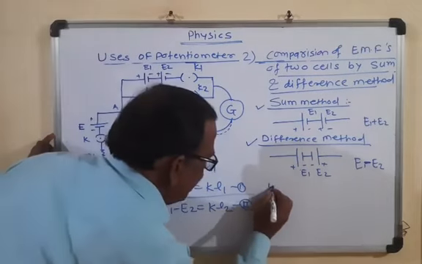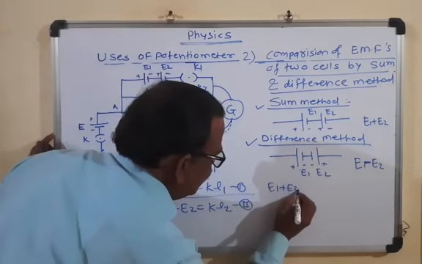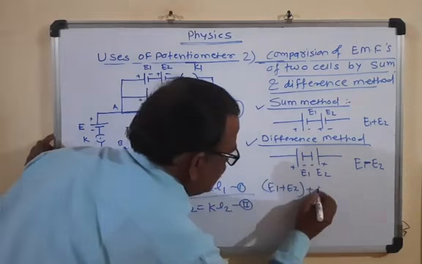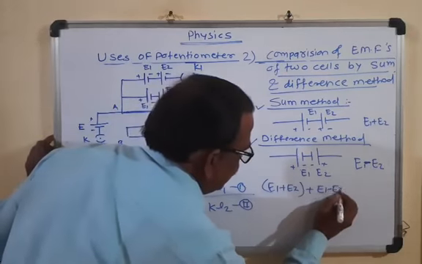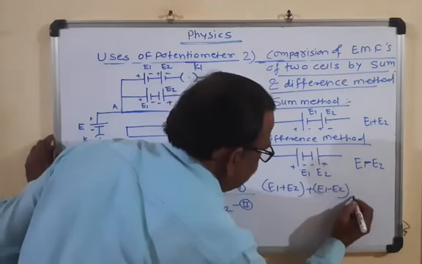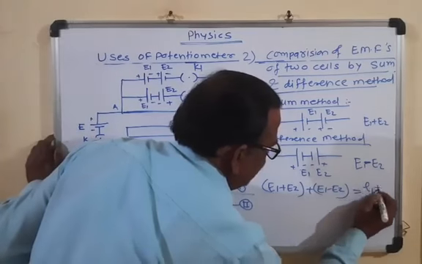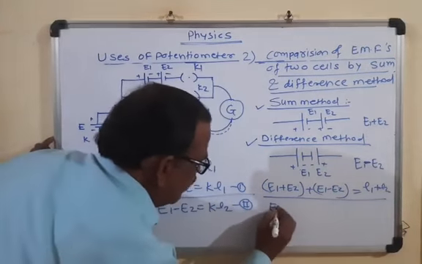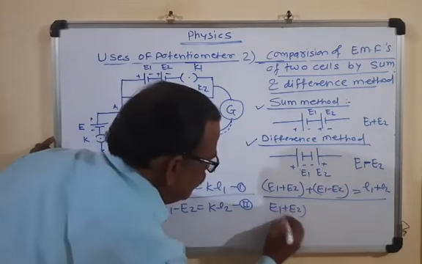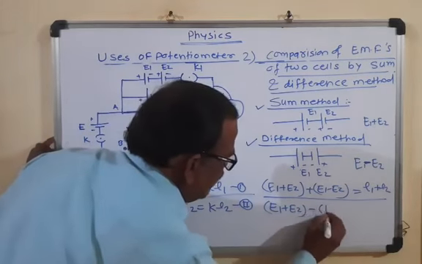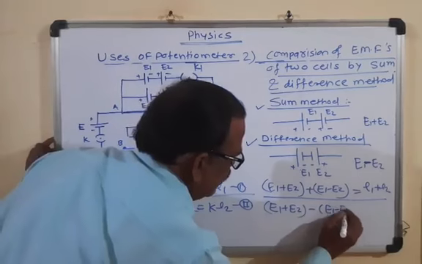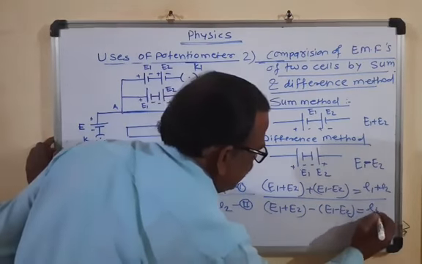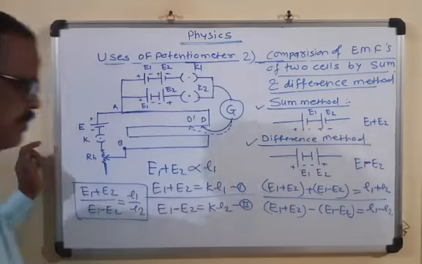Therefore, E1 plus E2 plus E1 minus E2 divided by E1 plus E2 minus E1 minus E2 is equal to L1 plus L2 divided by L1 minus L2.